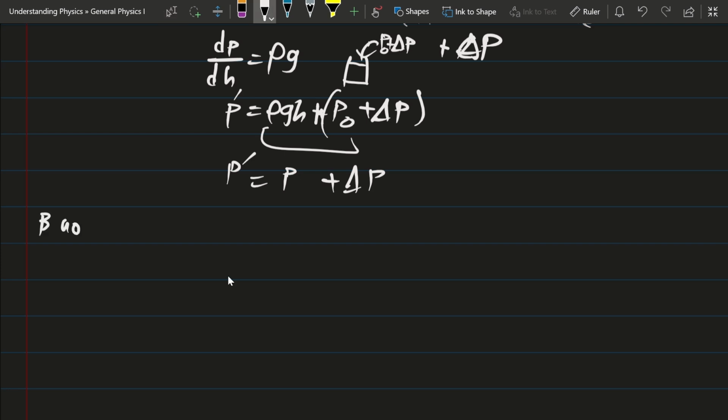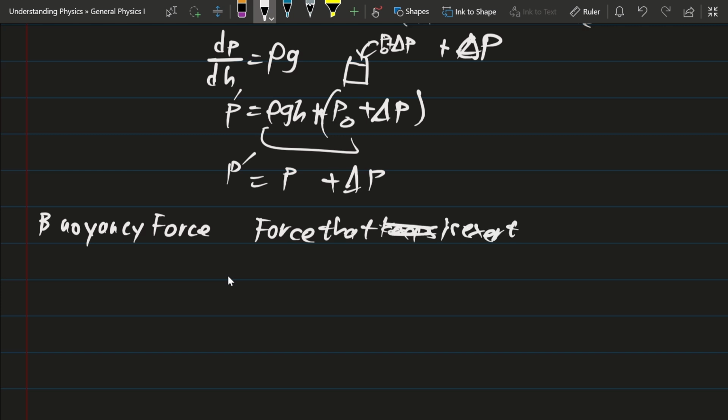So after we have already talked about Pascal's law, I want to talk about the buoyancy force a little bit, and I will later define what the buoyancy force is through the Archimedes principle. Basically the buoyancy force is a force that is exerted by the fluid.